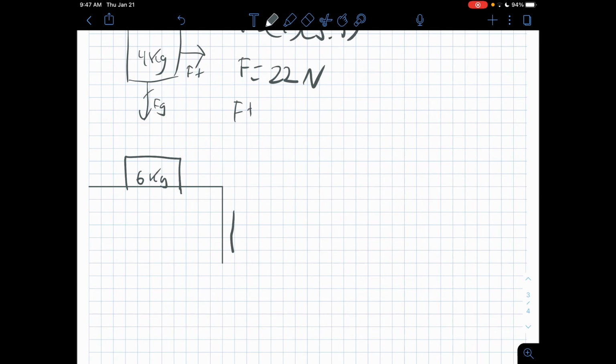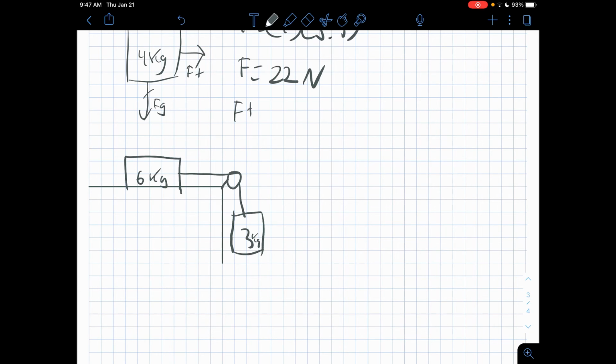And we have another block hanging here, and let's say that weighs 3 kilograms. And they're connected via a pulley. So this is what a typical pulley problem is going to look like. You're going to encounter a lot of these in this chapter.